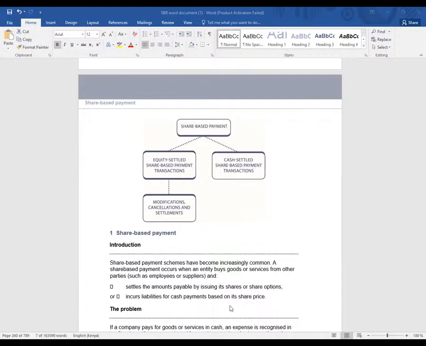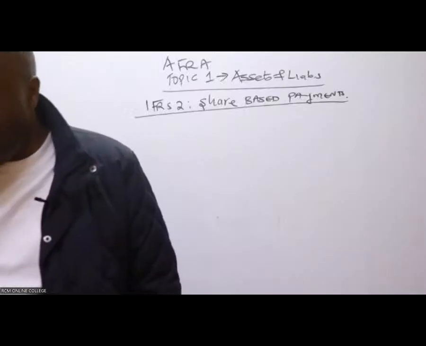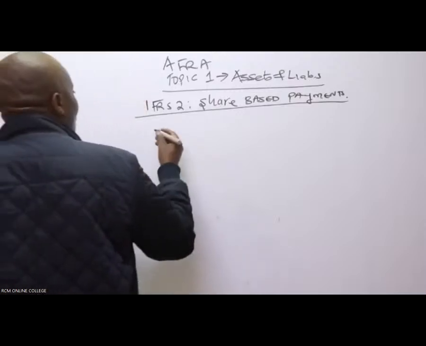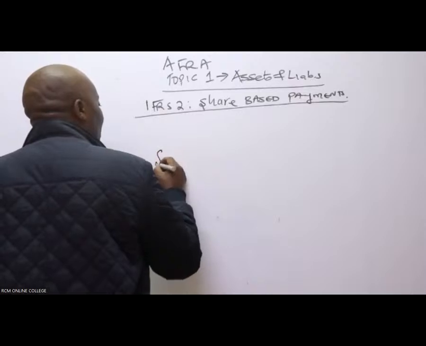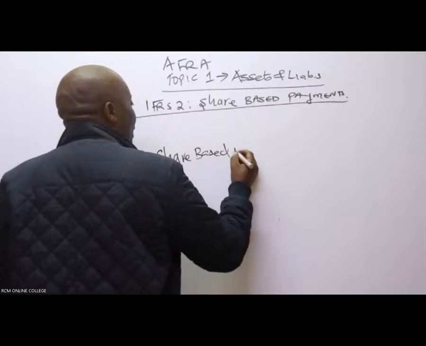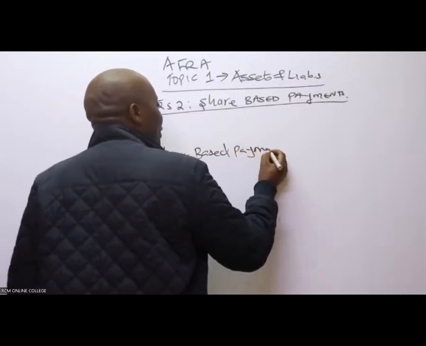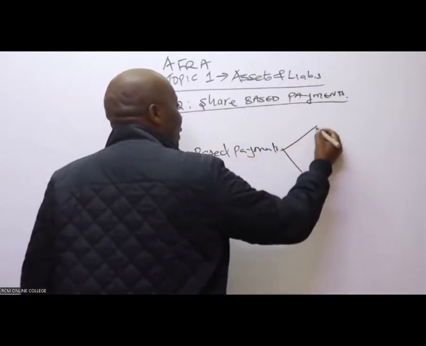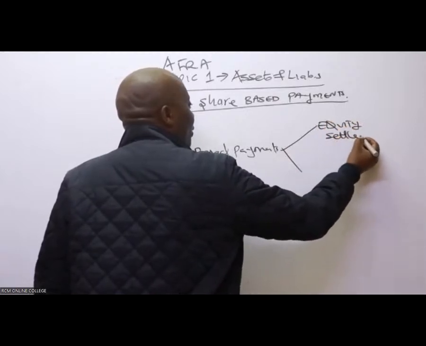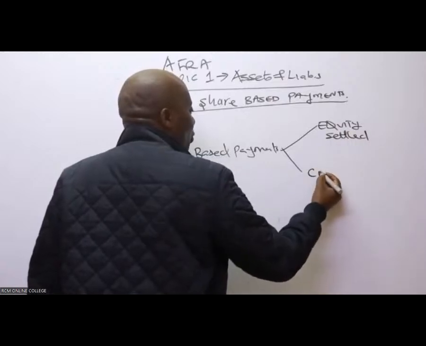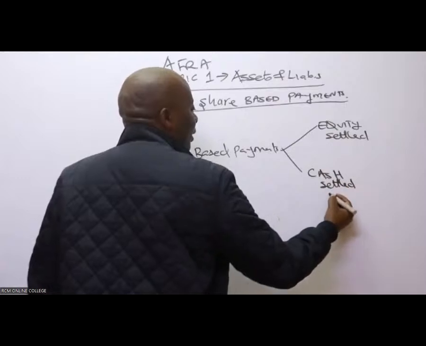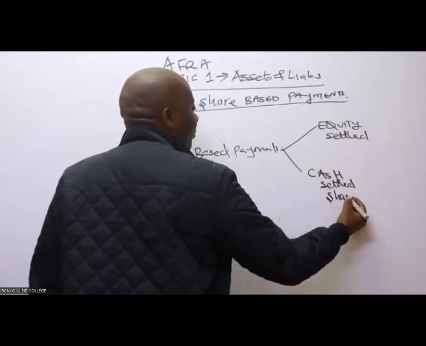So by the end of today's session, all of us would have understood that in terms of IFRS 2, share-based payments, we've got what we call equity settled, and then number 2, we have what we call cash settled share-based payments.